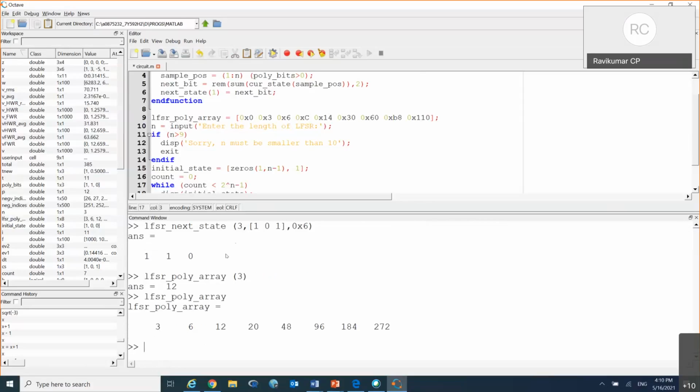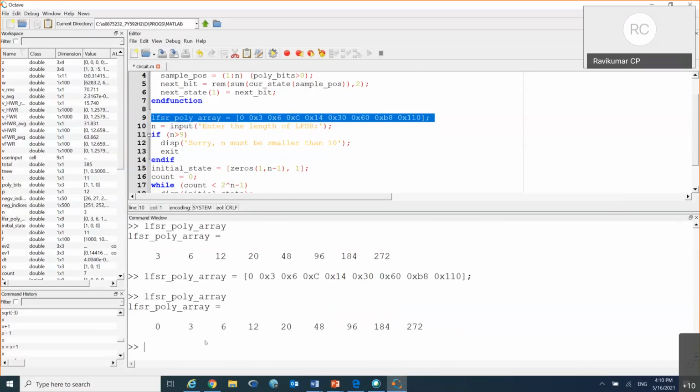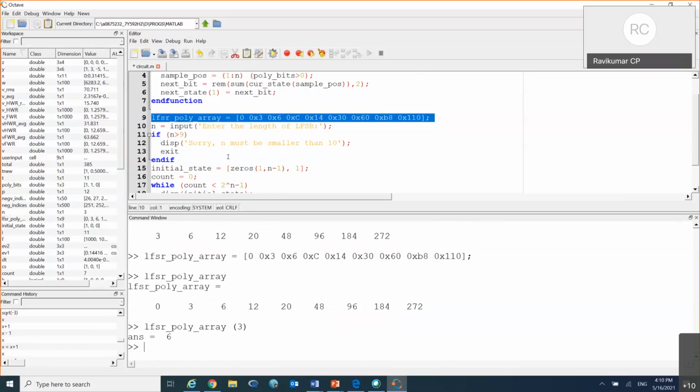There is something wrong. Why does the 0 not come? I don't know what is... very sad. It's a very strange bug.